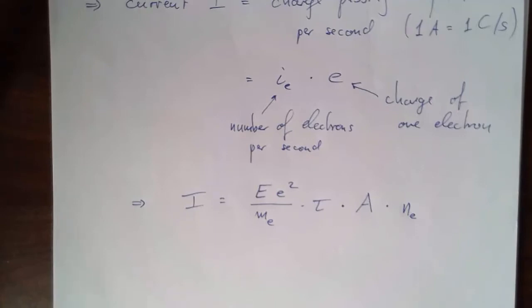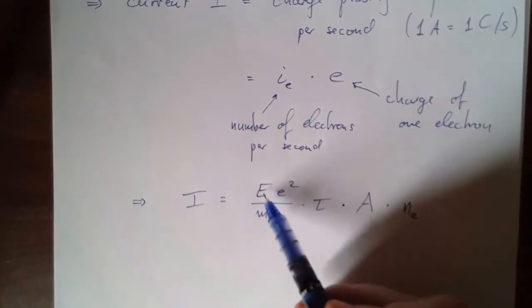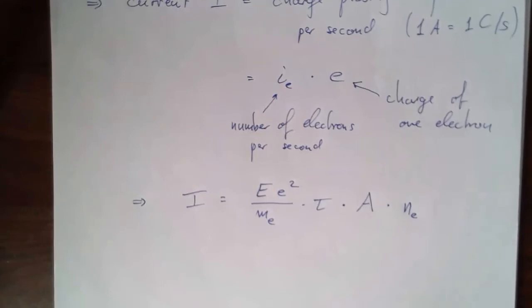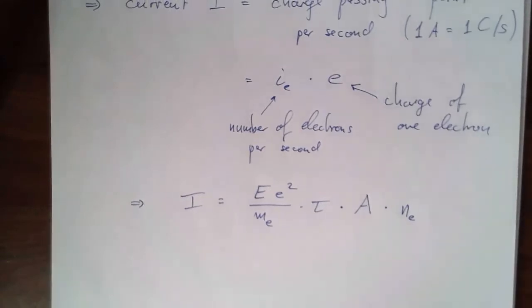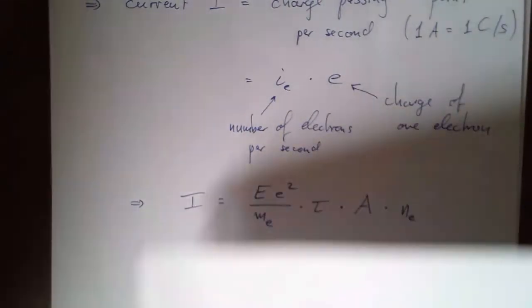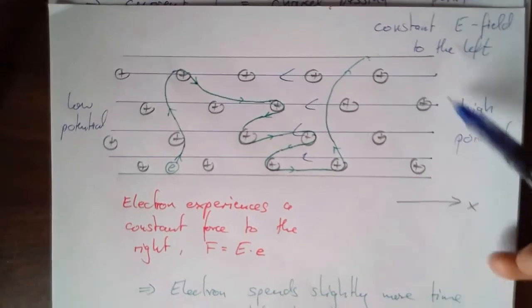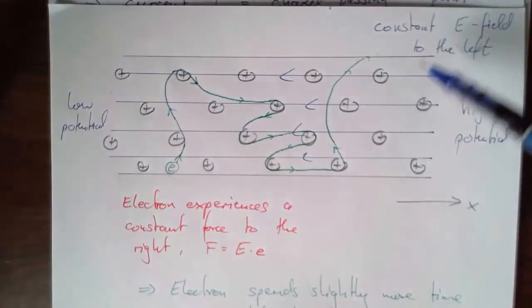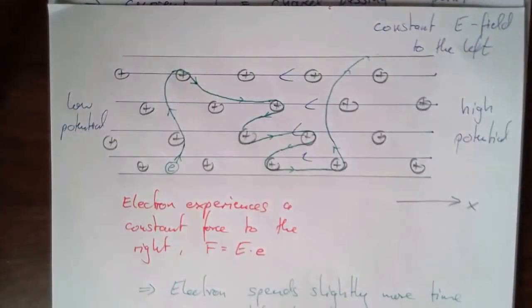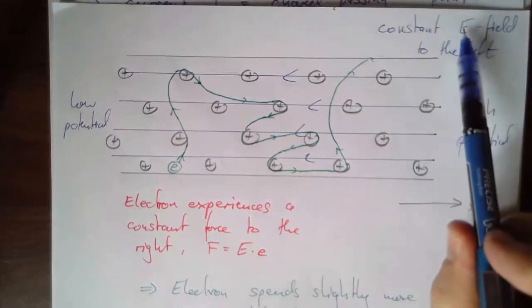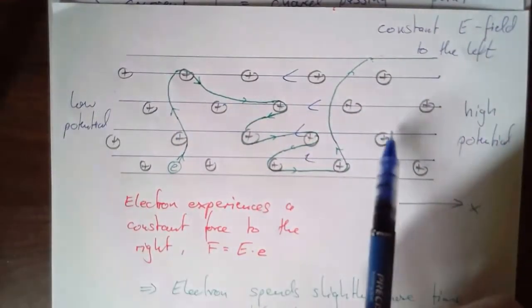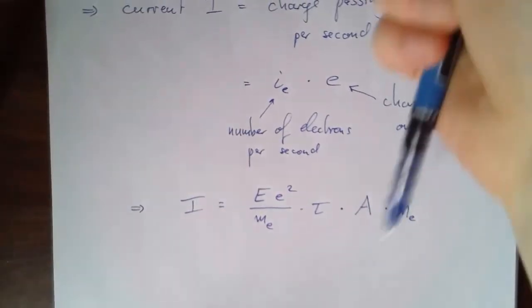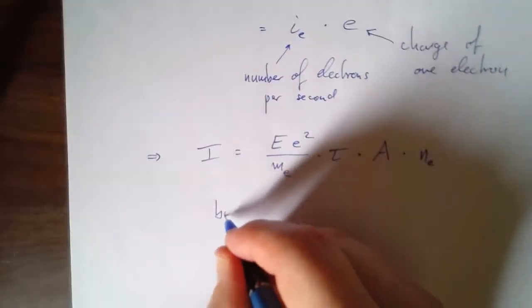Can we work with that any further? Yes, we can. Let's remember what electric field is. Where's my picture of my wire? Let's see if I can find it. There we go. This is my wire from before, and we said for there to be an electric field, we have a high potential and a low potential. So I'm going to rewrite the electric field as the potential difference over the length of the wire.